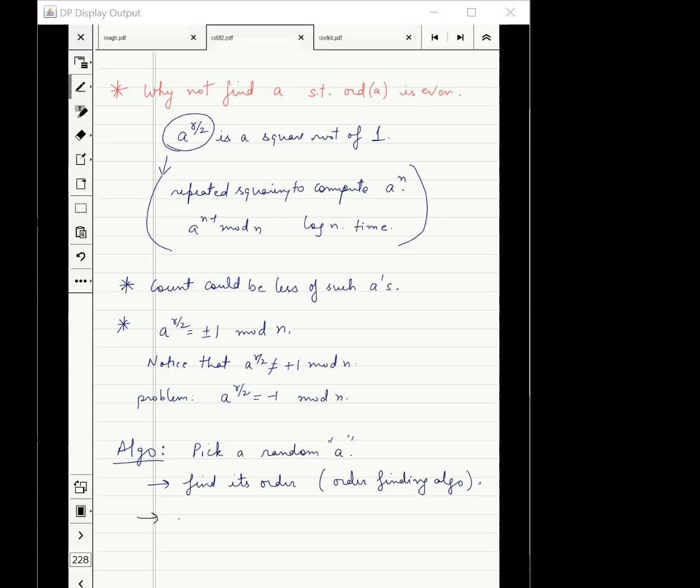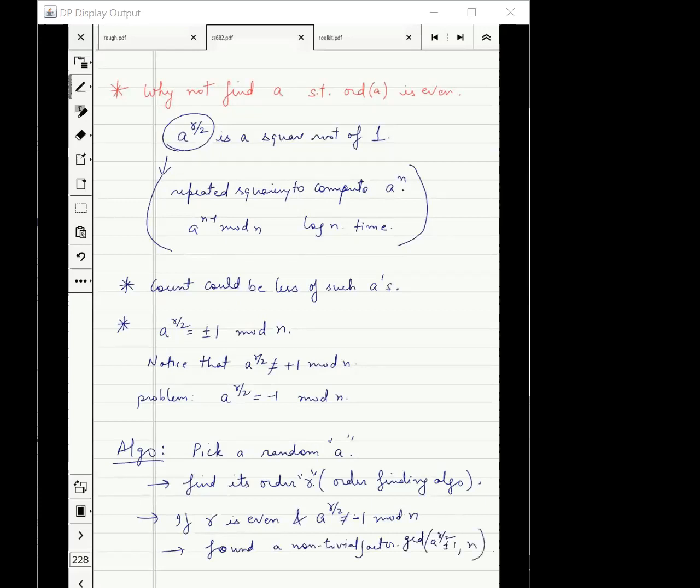Say that the order is r. If r is even and a to the power r by 2 is not equal to minus 1 mod n, we found a non-trivial factor. What is a non-trivial factor? It is going to be a to the power r by 2 plus minus 1 mod n.